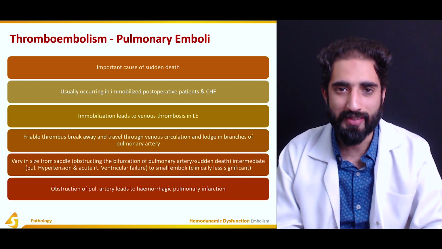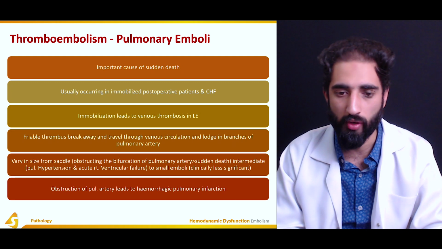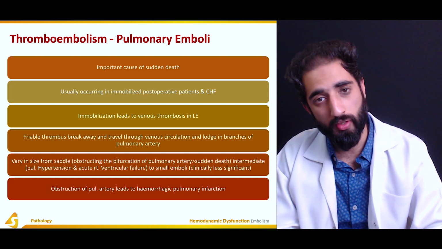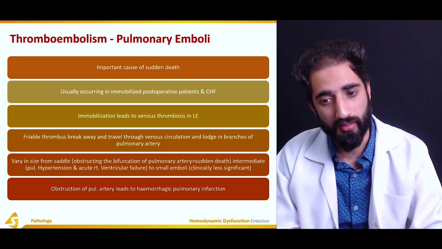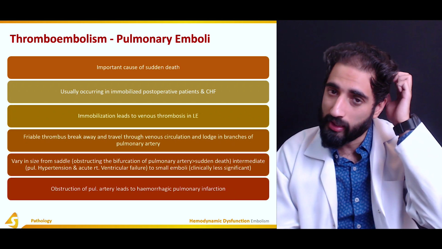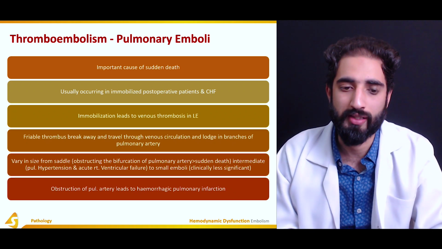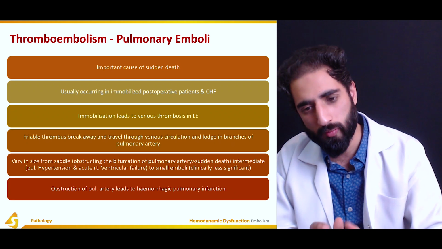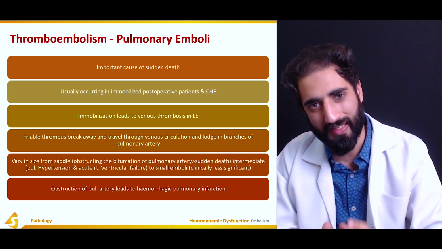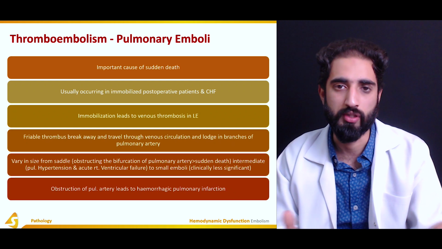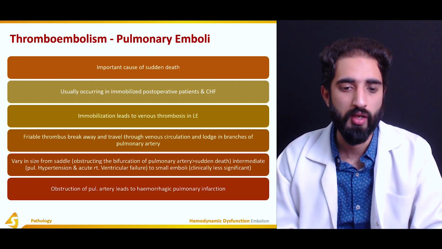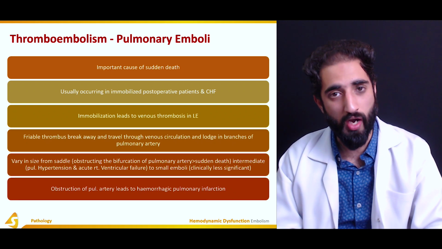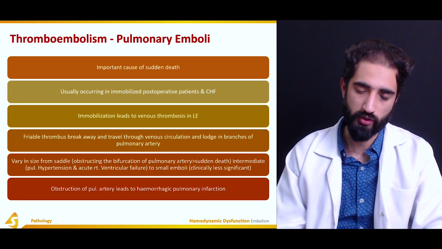And they vary in size from a saddle emboli, which obstructs the bifurcation of the pulmonary artery, resulting in sudden death, or intermediate sized emboli, which result in pulmonary hypertension and acute right ventricular failure, to even small emboli, which may be clinically less significant, but still all of these emboli can be dangerous for a person. And obstruction of the pulmonary artery can also lead to hemorrhagic pulmonary infarction, and that is also very dangerous.